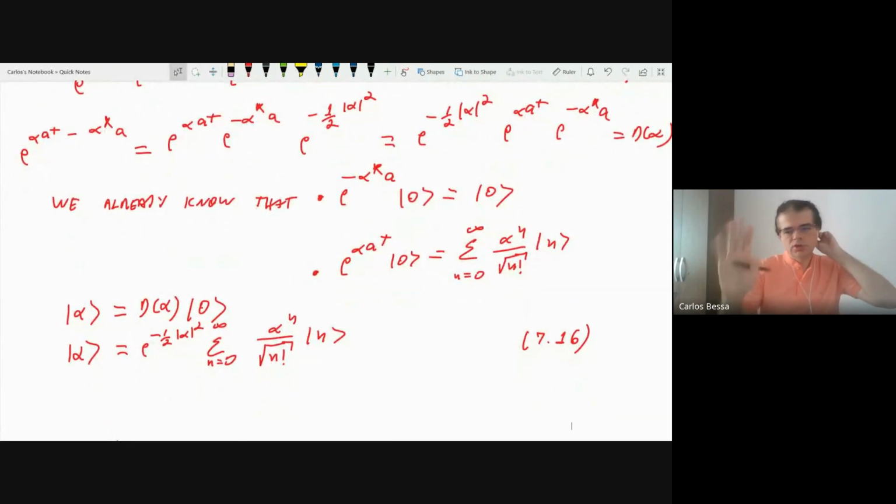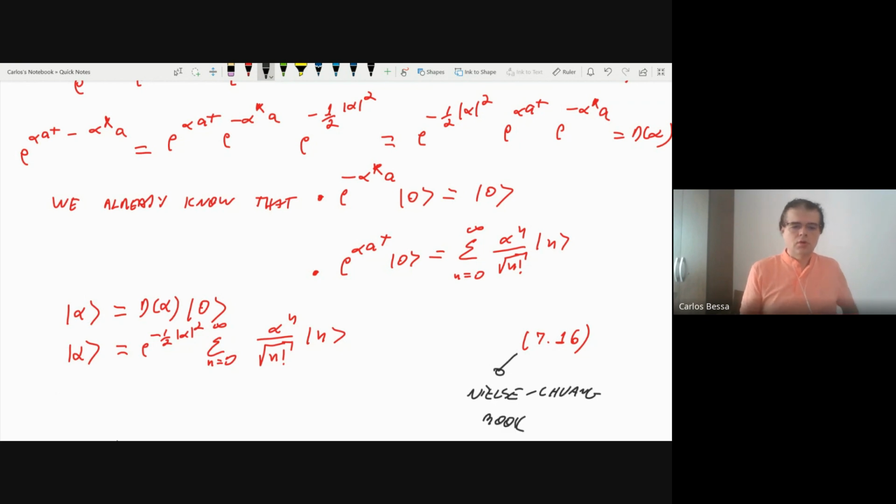The Nielsen-Chuang book just gives you this equation, but our idea here is to understand the details, right? How they came to this equation. So this is the relation for the coherent state with the number state of the harmonic oscillator that we saw.